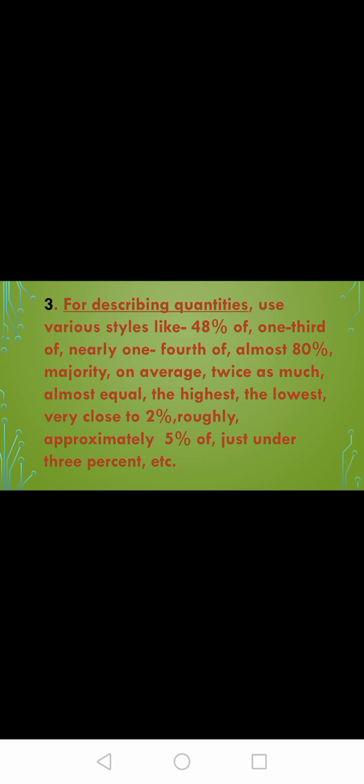In this way, you are going to write 1/3 off, nearly 1/4 off, almost 80% majority, an average, twice as much, almost equal, the highest, the lowest, very close to 2%, roughly, approximately 5% off, just under 3%, etc. So, you are going to use this type of words.